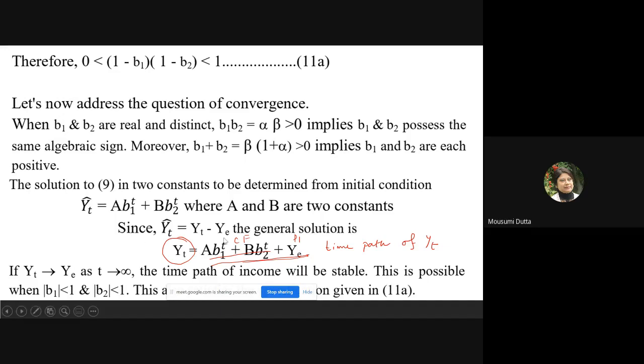Given this shape of the equation, yt will move towards ye as t tends to infinity if the first part, a b1 to the power t plus b b2 to the power t, tends towards 0 as t tends to infinity. yt tends to ye if and only if this entire amount tends towards 0 as t tends to infinity. Is it right? Understandable?